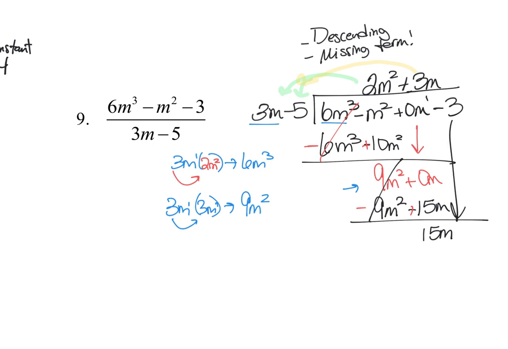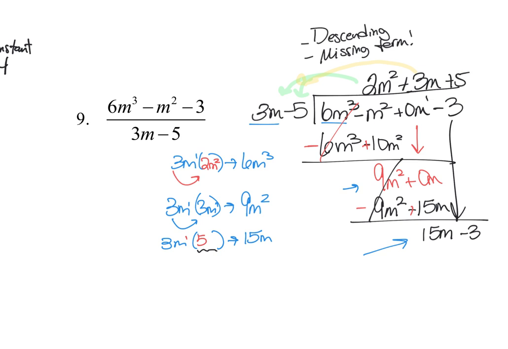I need 2 parts, so I'll bring down my final piece. And now I'm looking at 3m being multiplied by something to make this, 15m. Well, 3 times 5 makes 15, and I only need 1m, and I have that, so that's all I multiply by is this 5.